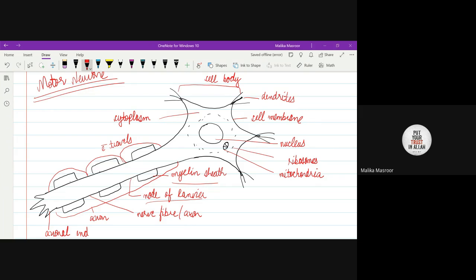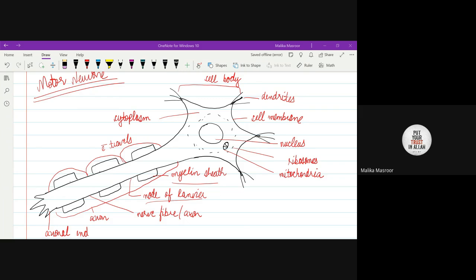The impulse basically jumps from one node of Ranvier to another, a skip movement, like how you skip or jump. This speeds up the conduction of impulses. If you're walking versus skipping, leaping one tile at a time, you will obviously reach faster. This is why there are gaps in your myelin sheath, called nodes of Ranvier, and the impulse jumps through them, which ensures faster conduction of impulses.